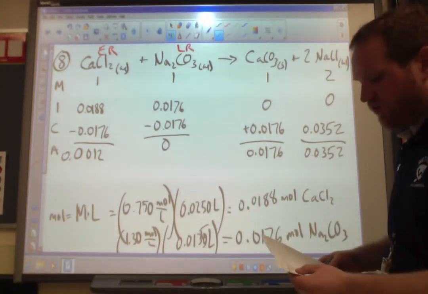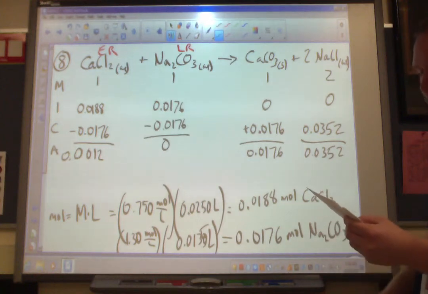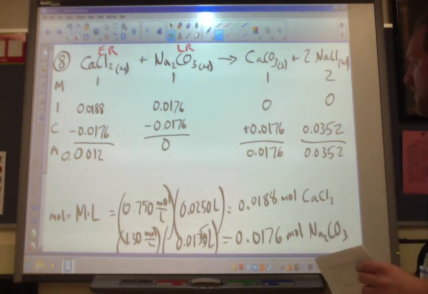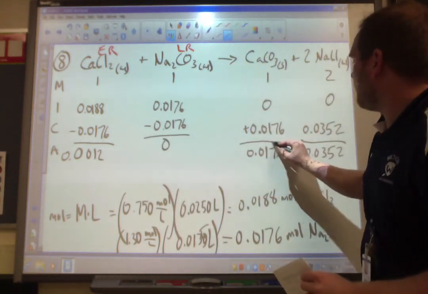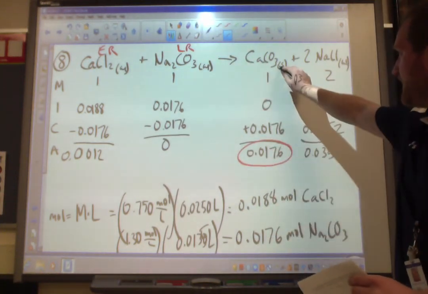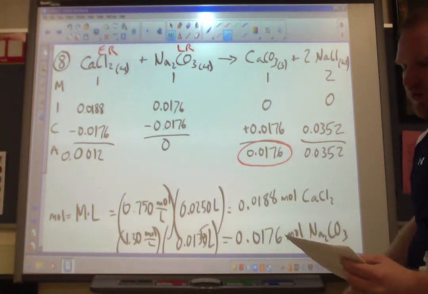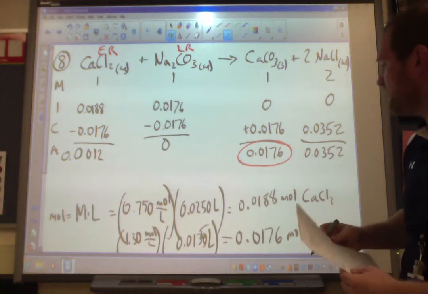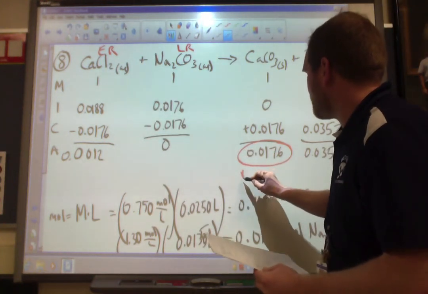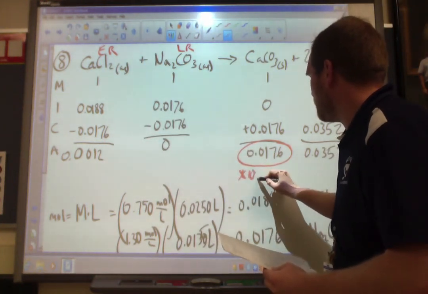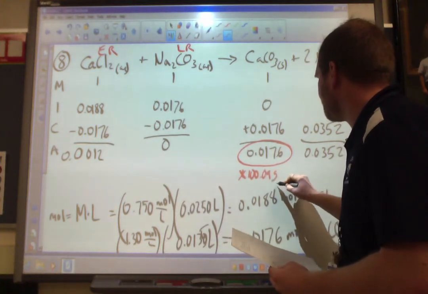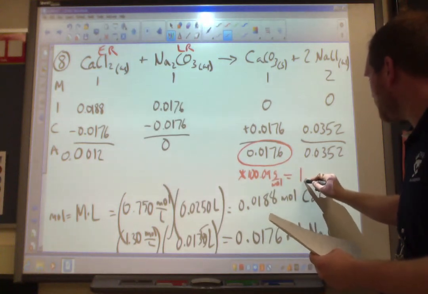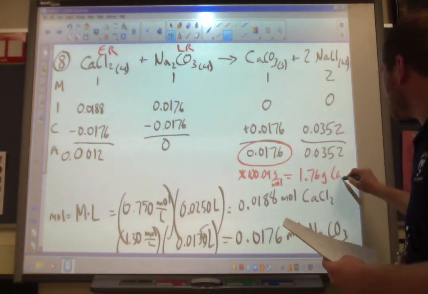Alright, letter B. If 1.40 grams of the precipitate is recovered, so that's the actual yield, what's the percent yield? Well, in this problem, I found that this many moles of the precipitate, solid, should have formed. We need to convert that to grams, and that's going to tell us what mass of it should have formed. So, this times my molar mass, which is 100.09 grams per mole, equals 1.76 grams of CaCO3.